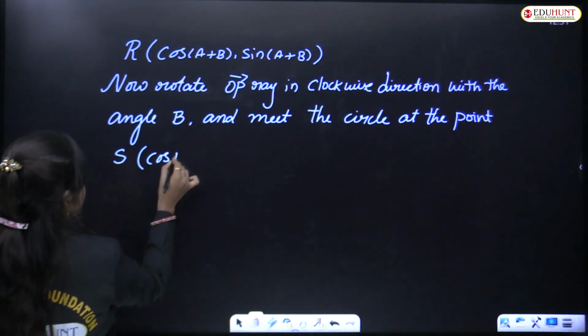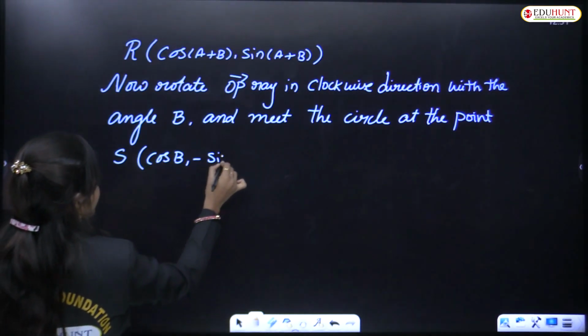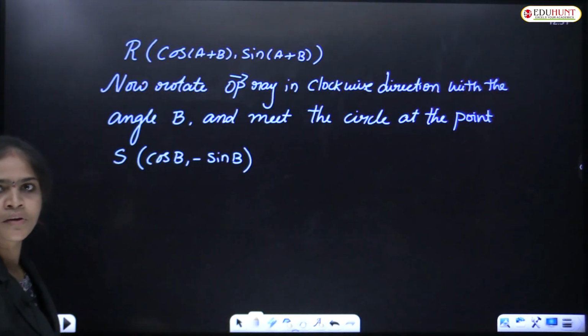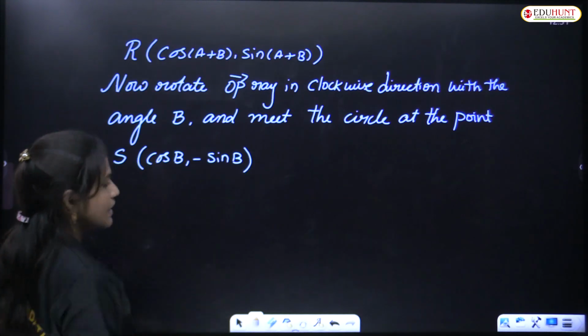Already we know: cos B, comma minus sin B. What we did in that circle, that only I have written here. Okay, children, up to here we did that.